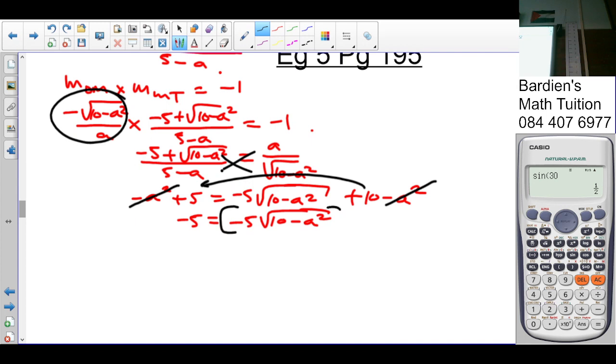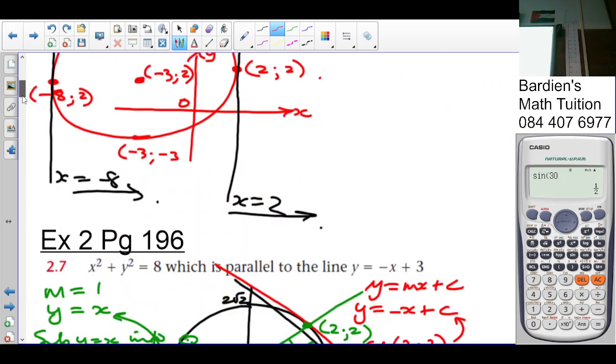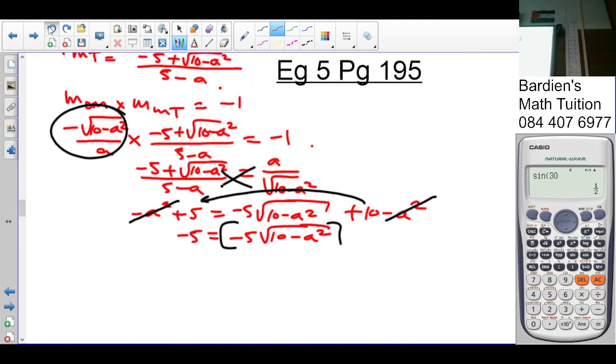Divide by negative 5 on both sides. So 1 is equal to the root of 10 minus a squared. Square both sides, so 10 minus a all squared is equal to 1. Take the 10 over, it becomes minus 10. Divide by negative 1 is 9. The square root thereof, a is equal to plus or minus 3.